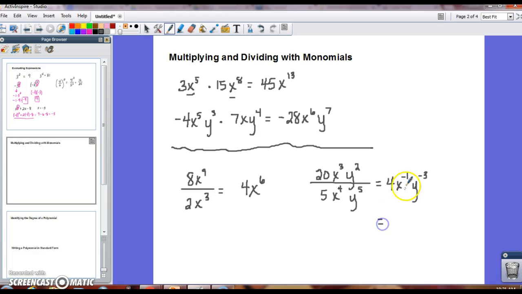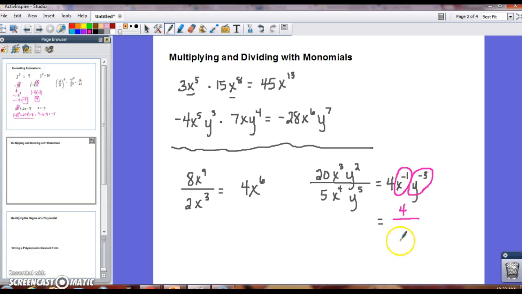When you have a negative exponent, that does not make the number negative. All it does is move that term to the denominator. If it's negative in the numerator, it moves it to the denominator and makes it positive. So my 4 is going to stay in the numerator because that doesn't have any exponent to it.